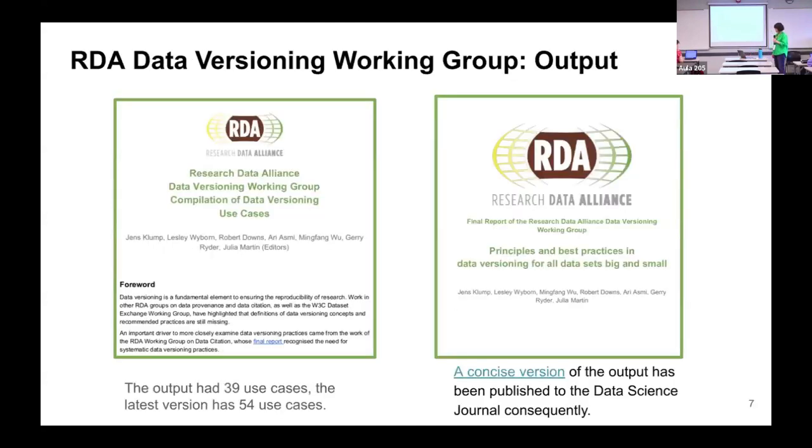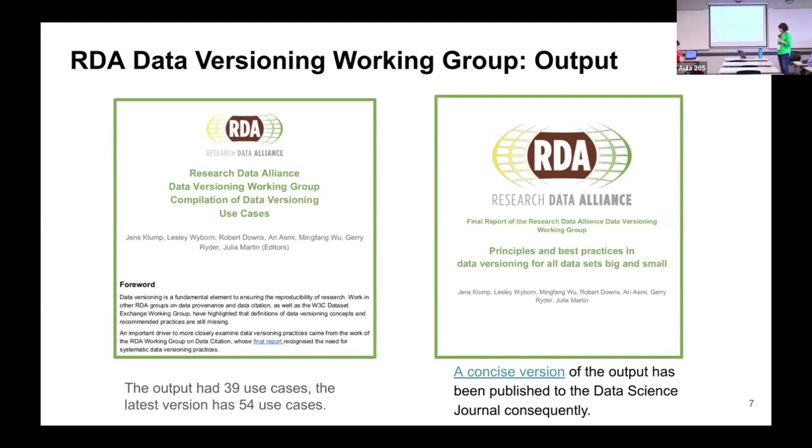The data versioning working group produced two outputs: a collection of use cases around data versioning that, at the time we released the first version, had 39 use cases, and we are now at 54 use cases. We kept collecting new examples.